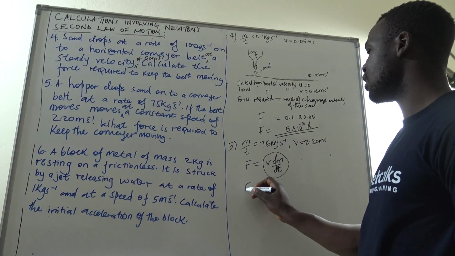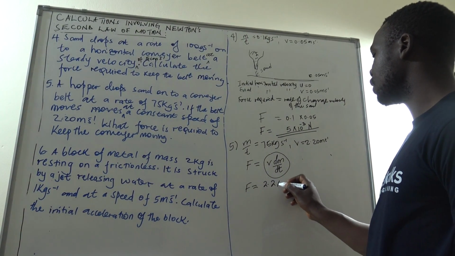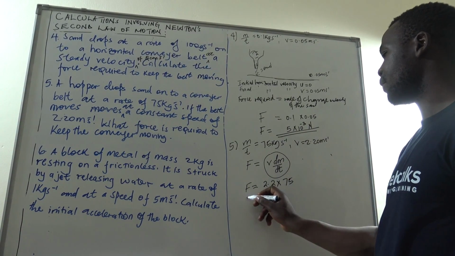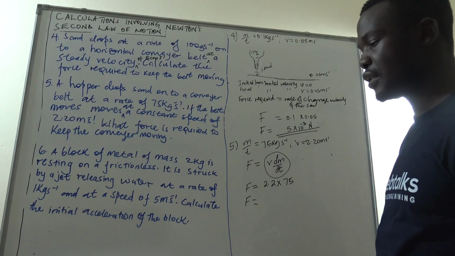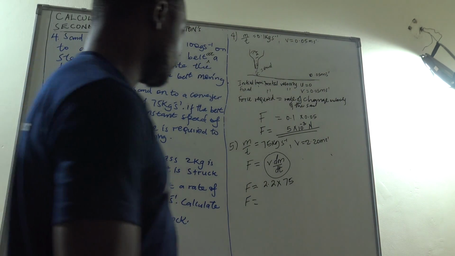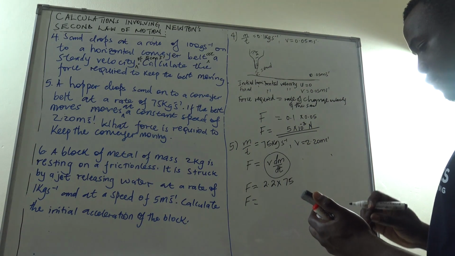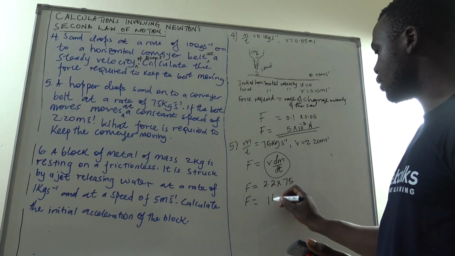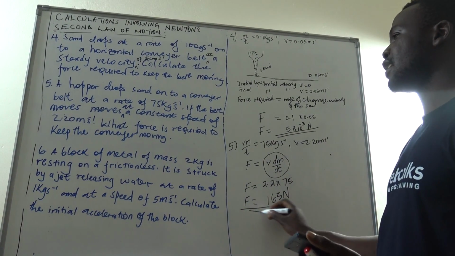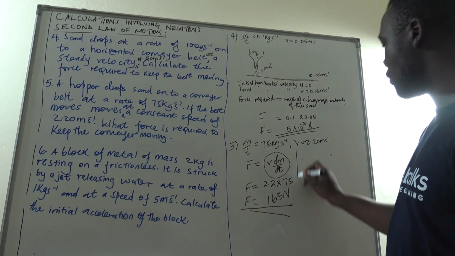Therefore, our force here becomes 2.2 times the mass rate, which is 75. We get our calculator, and this is 2.2 times 75, and it gives us 165 newtons. This is the force that is required to keep the conveyor moving.